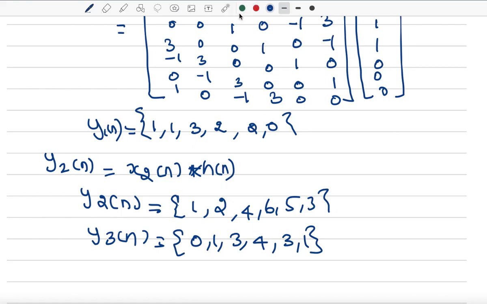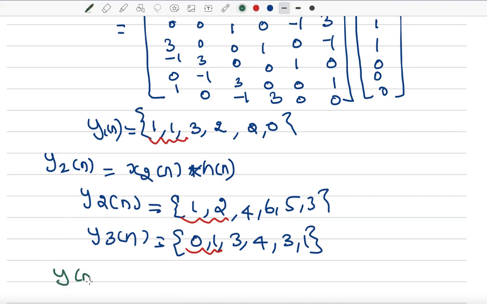Now what do we want to do? We want to discard the previous m minus 1 terms, as we discussed earlier. So what will be the final output?